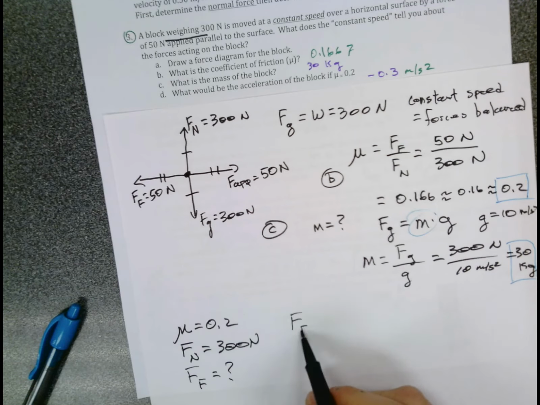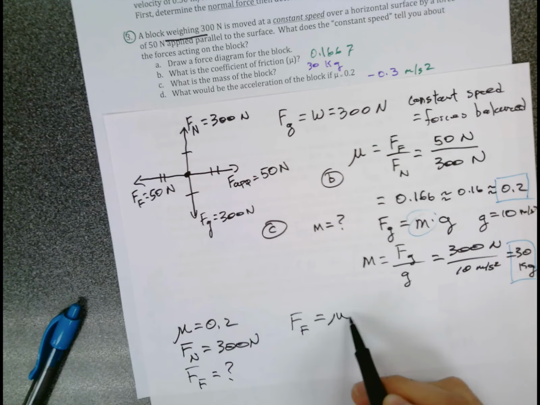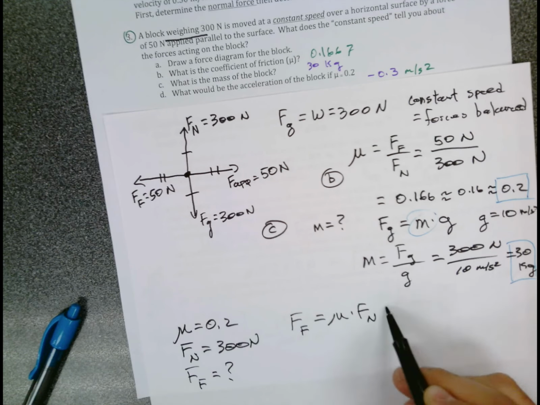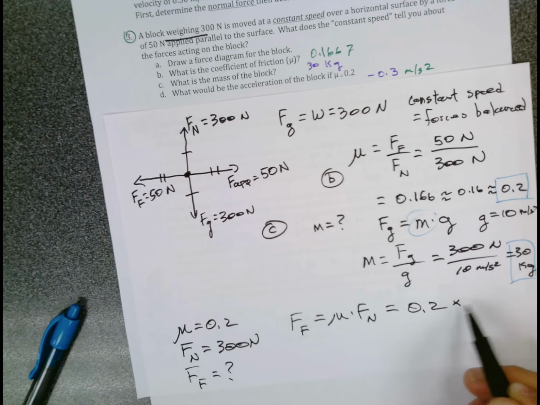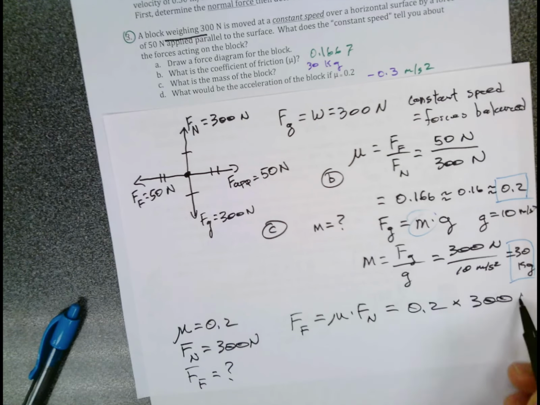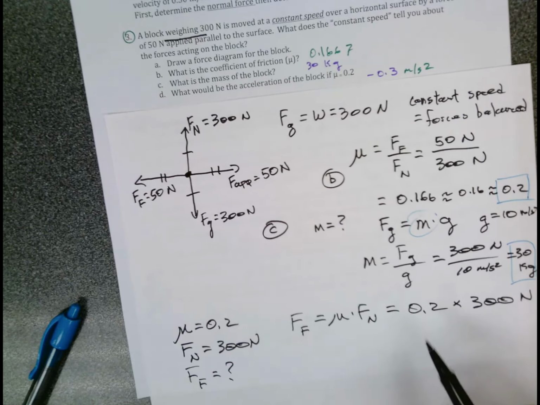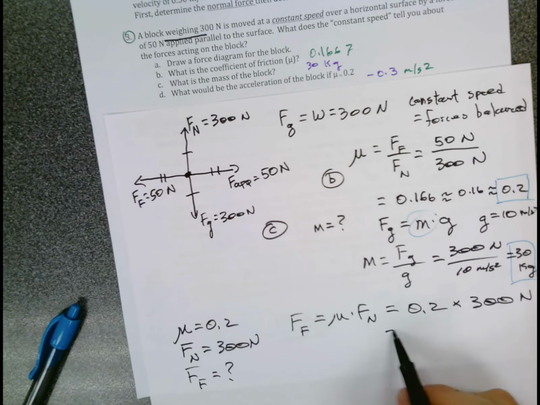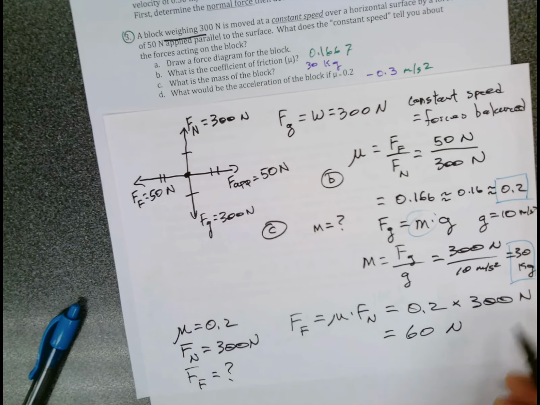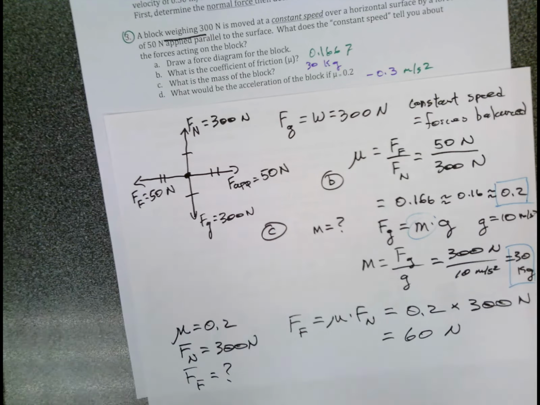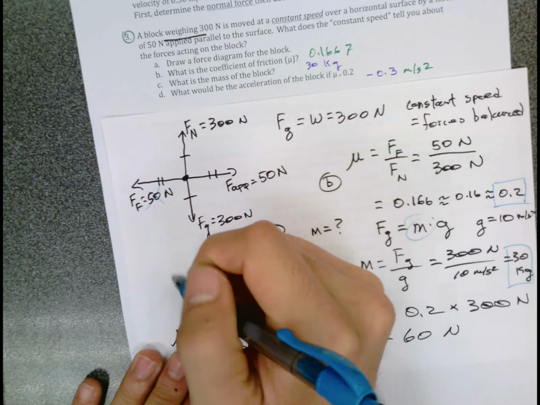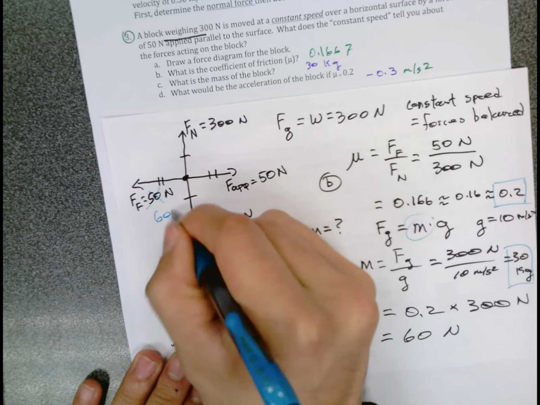Force of friction is equal to mu times the normal force, which equals 0.2 times 300 newtons. 0.2 times 300 is 60 newtons, and then we change in our free body diagram 50 newtons to 60 newtons.